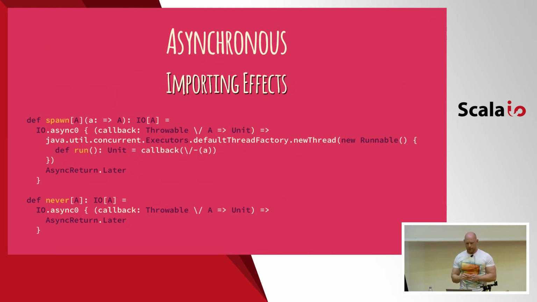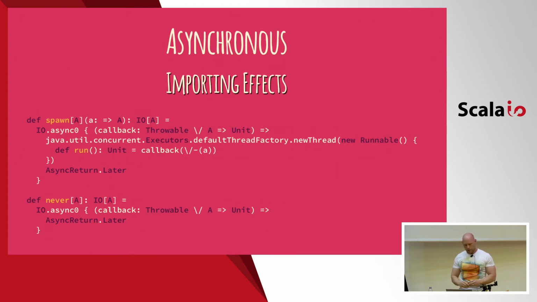And how you do that is you use the async constructor, and you provide it your handler, and then you're passed in a callback, and your job is to invoke the callback. So you call the default thread factory to create a new thread, you pass it a runnable, and then you call the callback with the result of evaluating that A. And then in the async return, you use the later constructor that promises it's going to eventually call the callback.